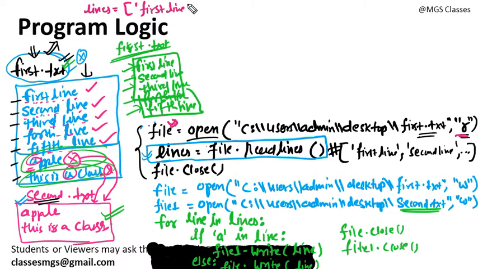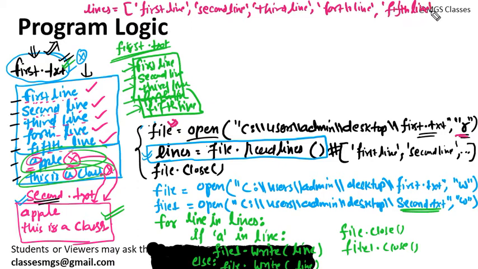First line, let's say, then second line, which I am creating for your convenience, then third line, fourth line, this way, then fifth line, then apple, and then the last item will be, this is a class, like this.